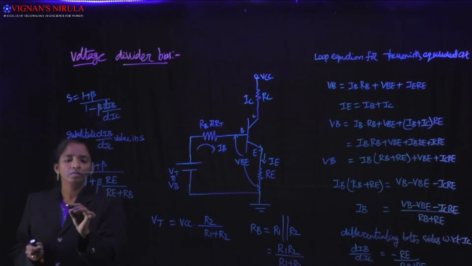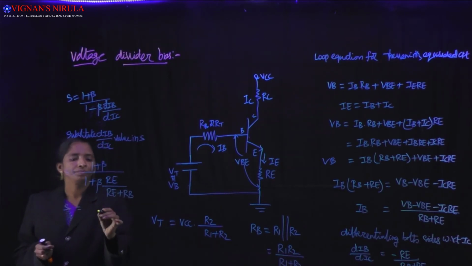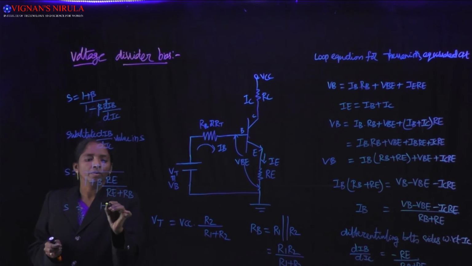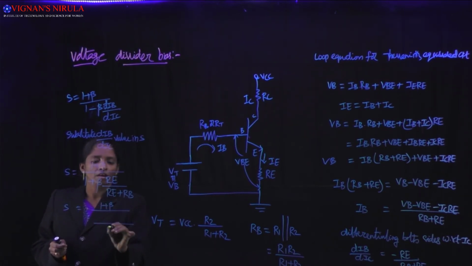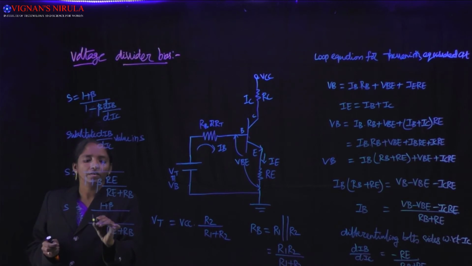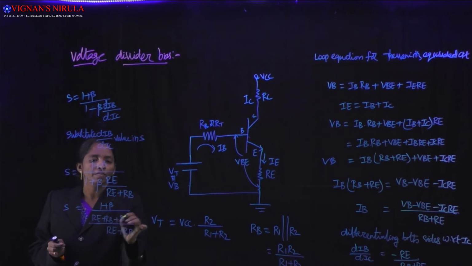Now take LCM, that is 1 plus beta divided by RE plus RB into, here we are getting RE plus RB plus beta RE.